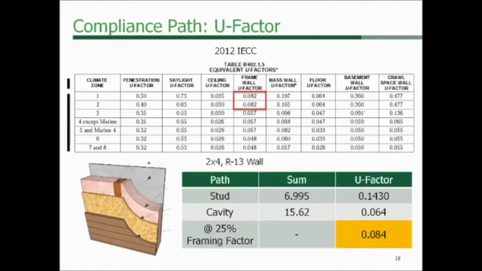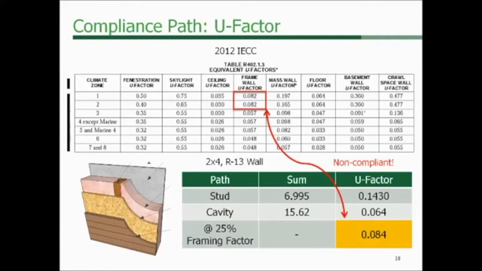But now we look at the frame walls, and they require a 0.082. Now, U factors are maximums because they're the amount of heat flow that can go through the assembly. So since our calculated value of 0.084 is larger than 0.082, it's non-compliant. It doesn't work.